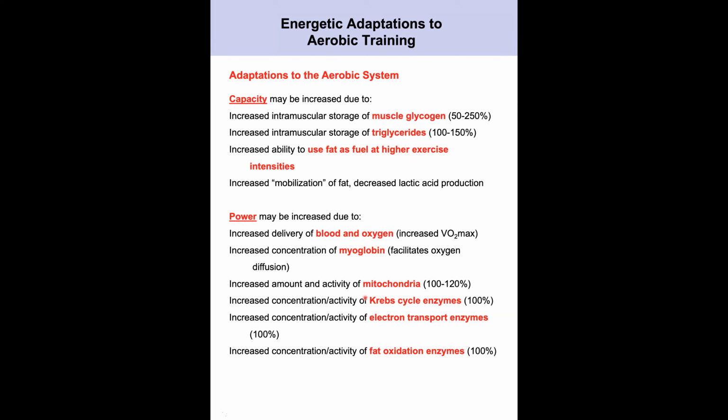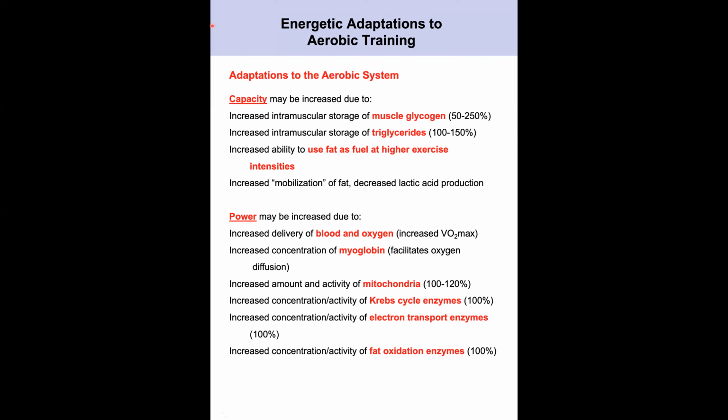All right, so carb loading is a thing. But the big thing is intramuscular storage of triglycerides, because the more fat that we have essentially leads to this fat mobilization, which we'll talk about shortly here, which is using fat as fuel at higher exercise intensity. So you'll be able to adapt to this process.